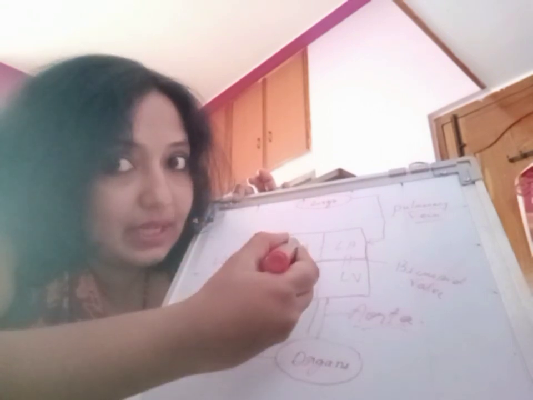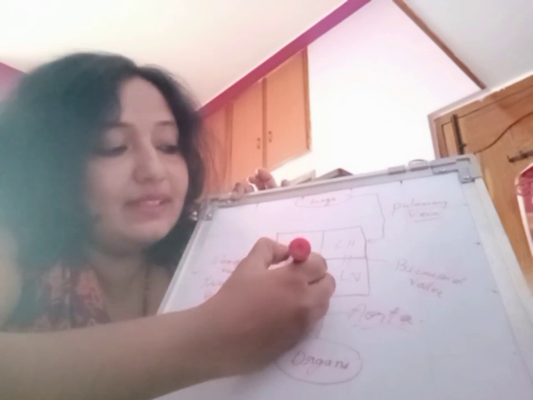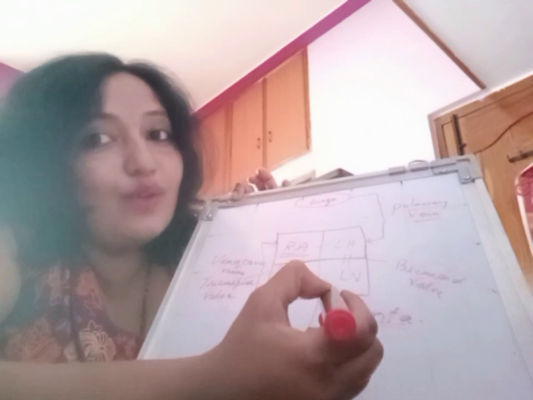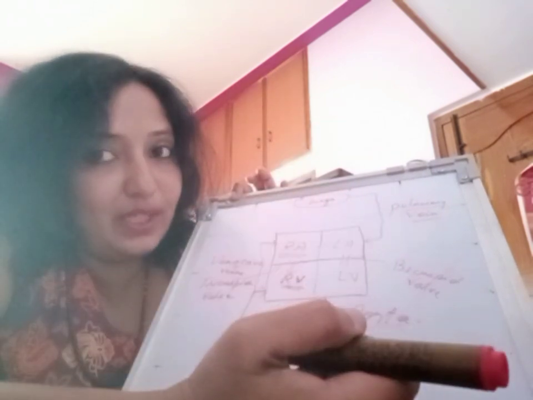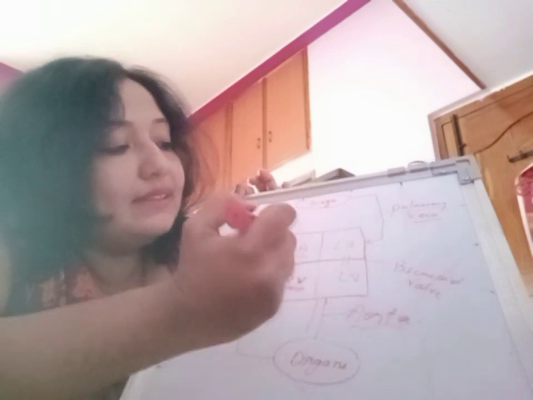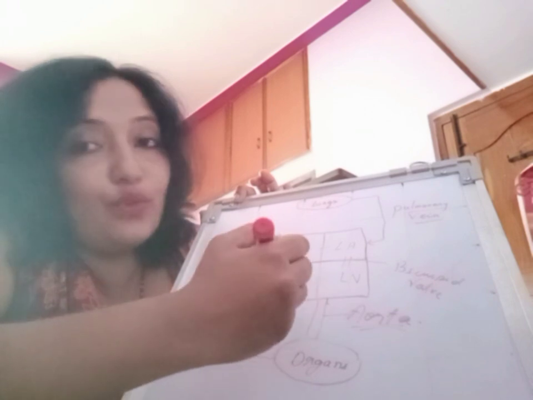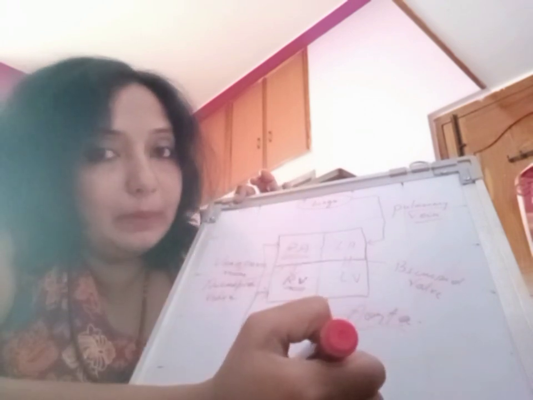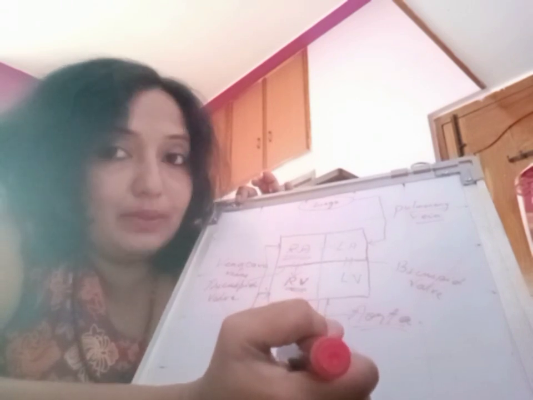From the right atrium, through the tricuspid valve, it in turn enters the right ventricle. So first it enters the atrium, then it enters the ventricle. Then again this blood goes to the lungs for oxygenation purpose. So this is how it travels.